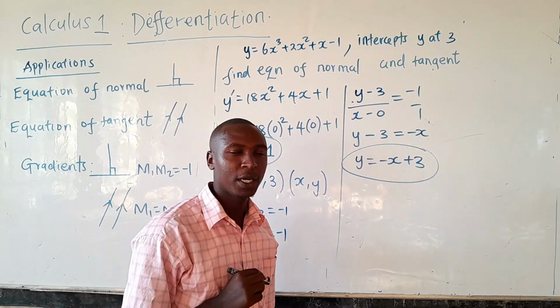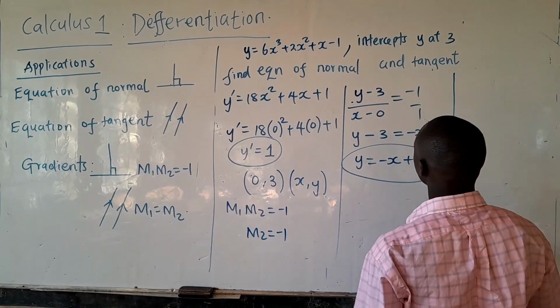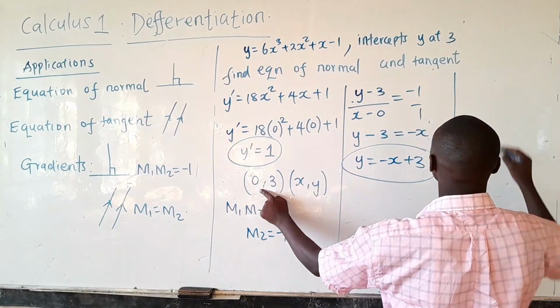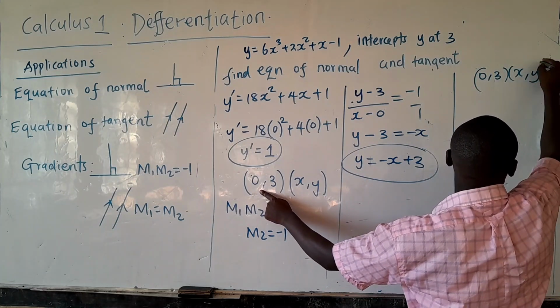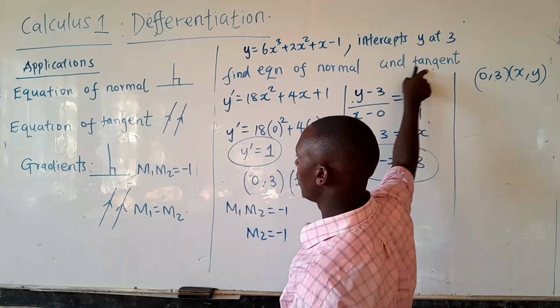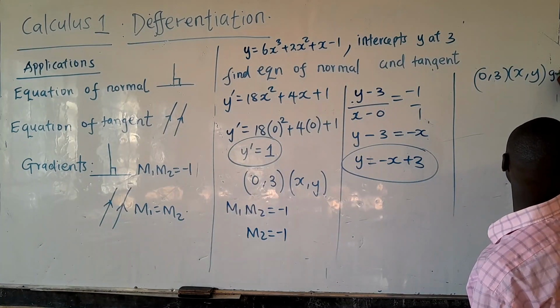Now, for us to work out the equation of the tangent, you need to take the same point (0, 3), and remember, since it is tangent, it means their gradients have to be the same. So the gradient is equal to 1.